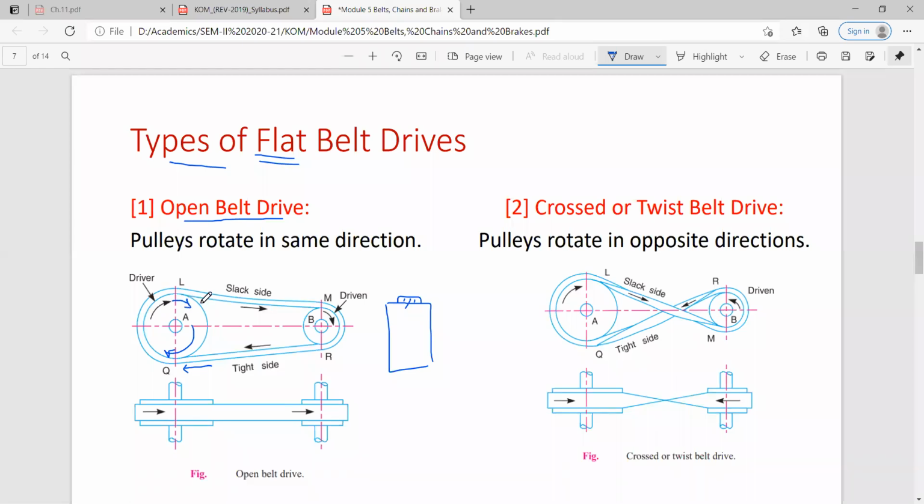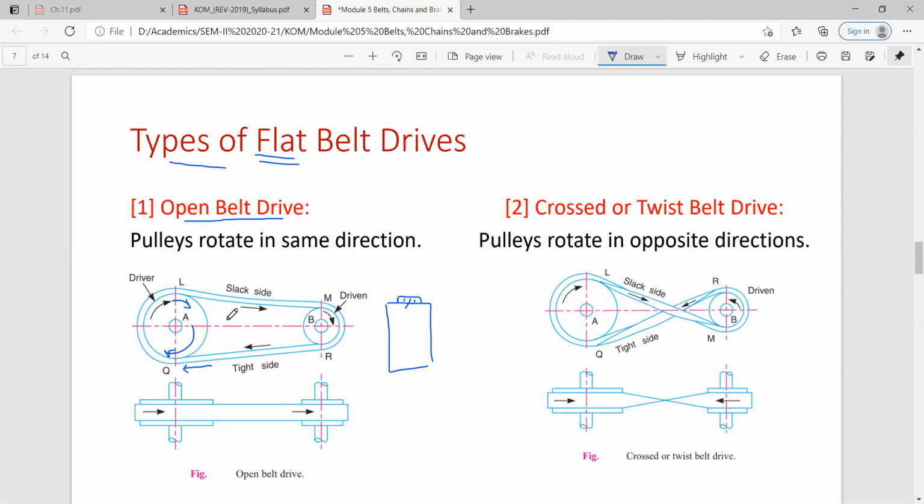At this point the pulley pushes the belt like this. Because the belt is getting pushed, not pulled, this side becomes the slack side, meaning the tension in this side is less as compared to the tight side tension.